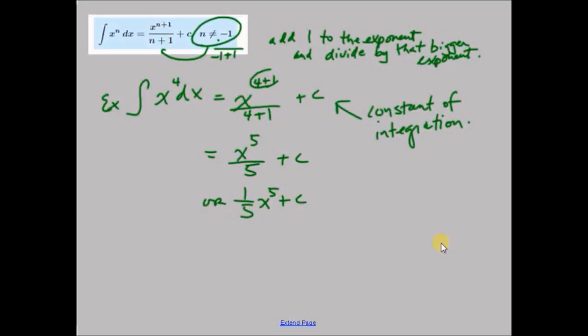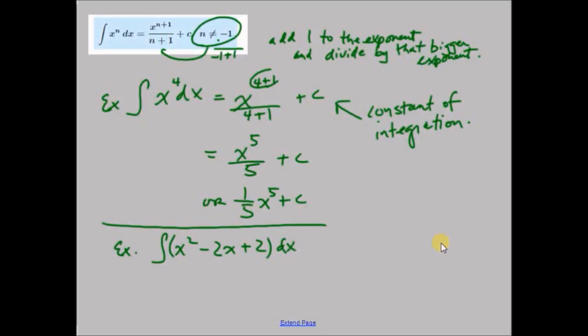Okay, now if we get into more complicated equations, for example, the integral of x squared minus 2x plus 2 dx.